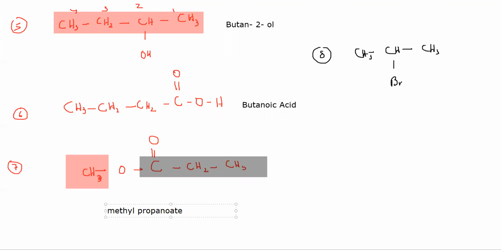It's 2-bromopropane, that's correct. So at the second position we have a bromine, that's why we call it 2-bromo. And prop because of 3 carbons, and ane because they have a single bond. Is it clear?